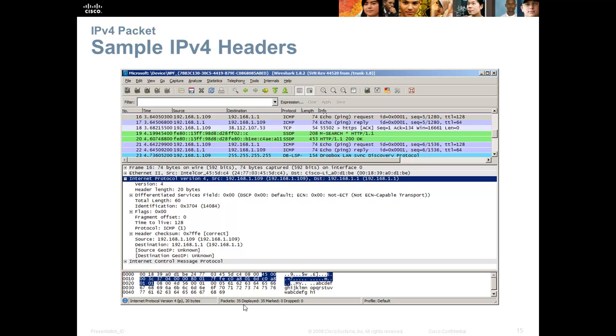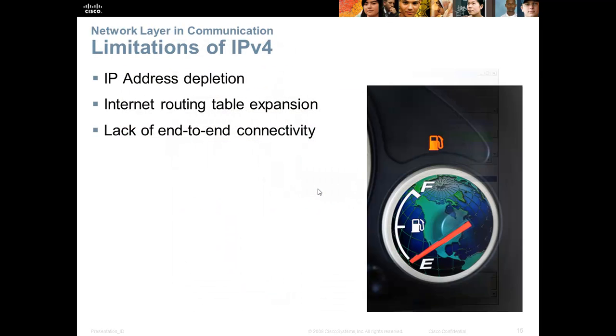Again, some of the things that we would see in there are the version, the header length, and our source and destination IP addresses, which are probably the most important to us. We see a header checksum and some other things, but again, the main things I want you to know about are the version that we're working with, IPv4 here, and that we have the source and destination IP addresses.